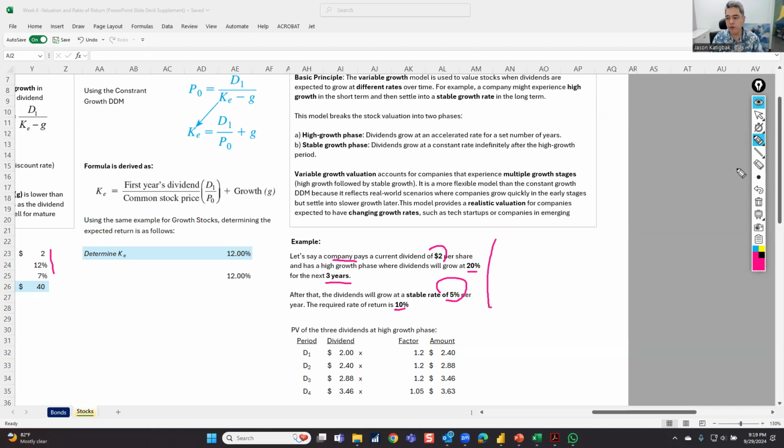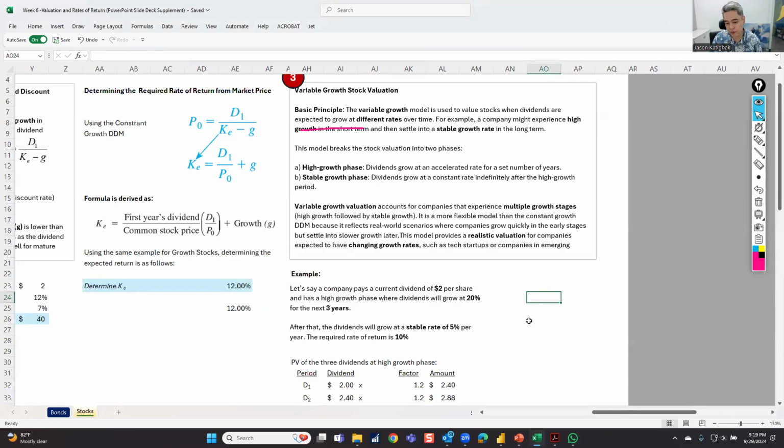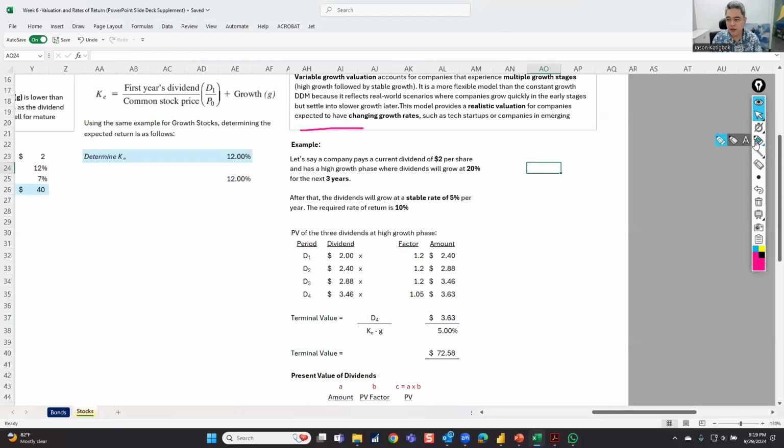So we'll just do this one first as a scenario. Again, what are we looking at? It's scenario number 3, wherein there's a variable growth on the stock. What we're trying to solve is, what's the amount of the stock that has that variable growth? So we are all concerned about the dividends. Have dividend 1, 2, and 3. I start at $2, and then I know it's going to increase by 20%.